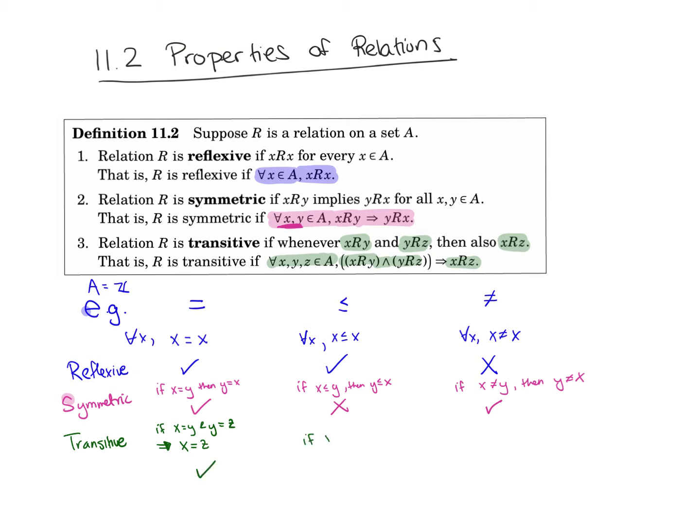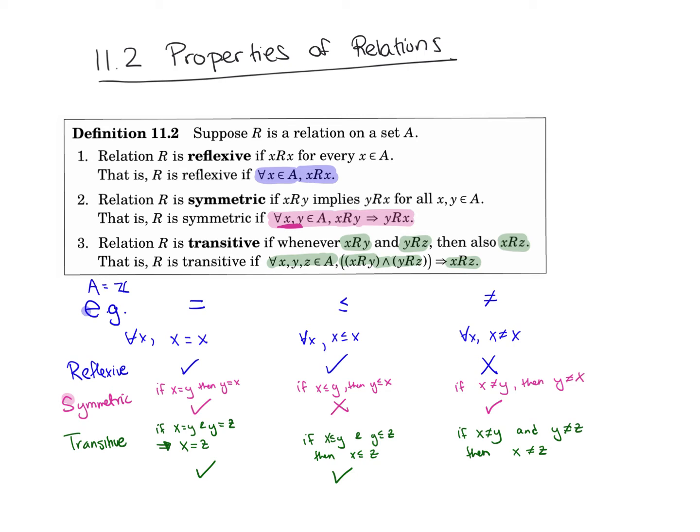If x is less than or equal to y and y is less than or equal to z, then x is less than or equal to z. We've also seen that that is true. A lot of times people would, again, use these without really thinking. And the last one would say that if x is not equal to y and y is not equal to z, then x is not equal to z, for all x, y, and z.